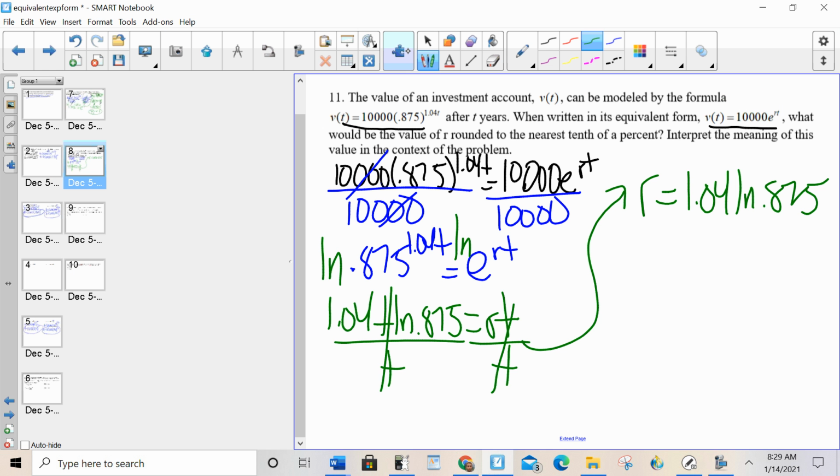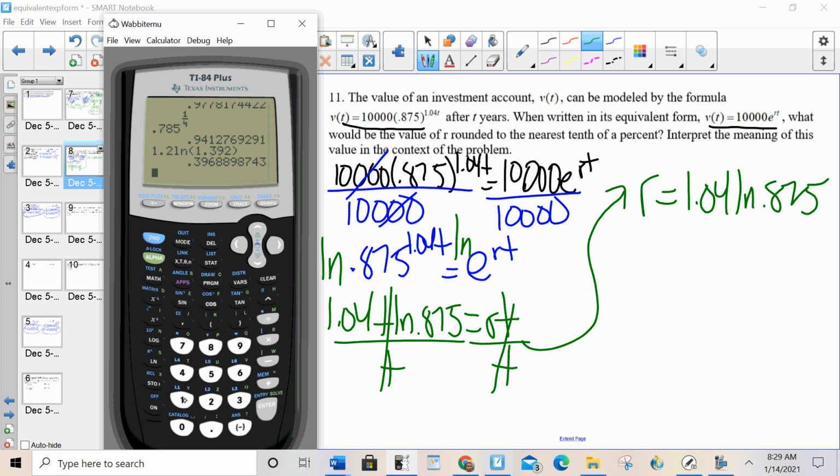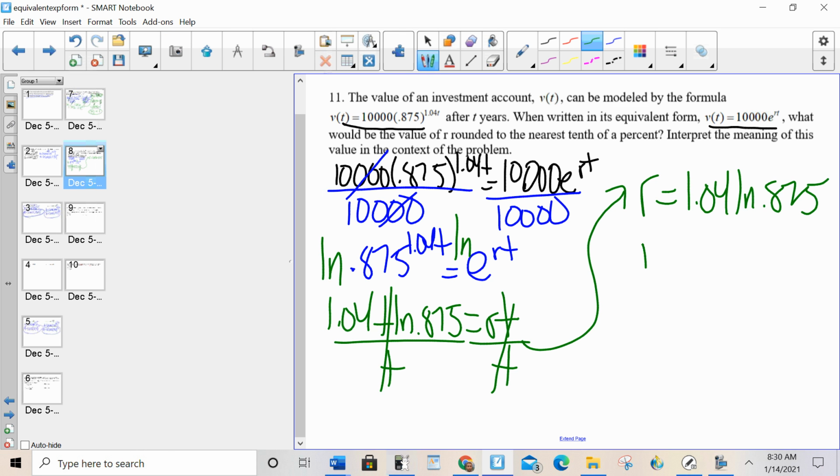I go to my calculator at this point. 1.04 ln 0.875. I get negative, to the nearest tenth of a percent. So for now, let's write negative 0.13 dot dot dot.